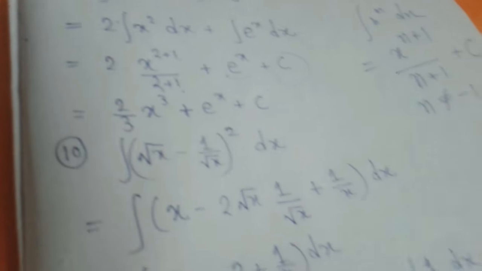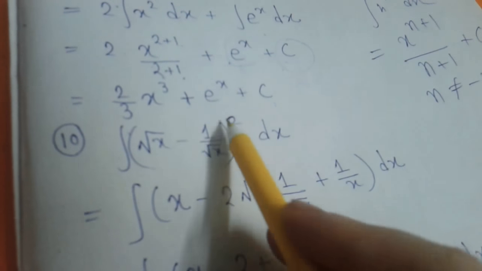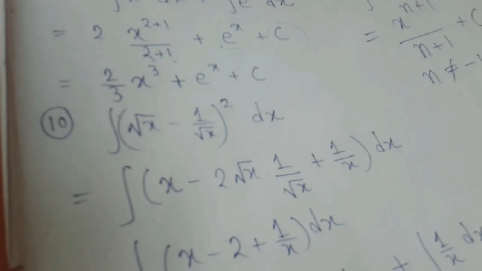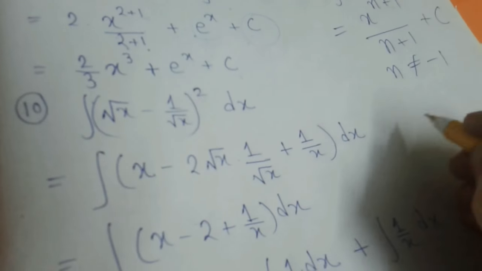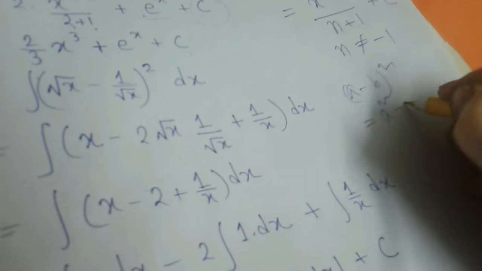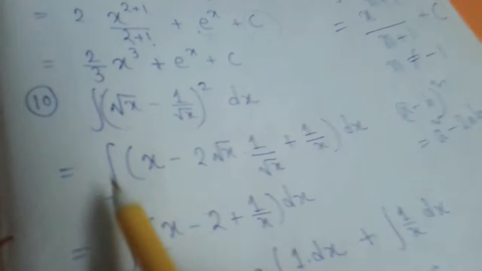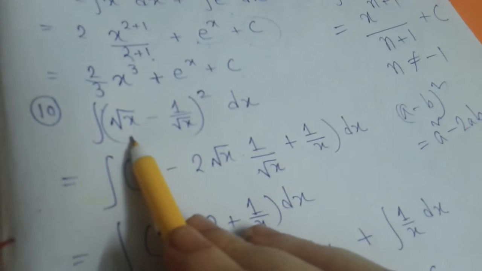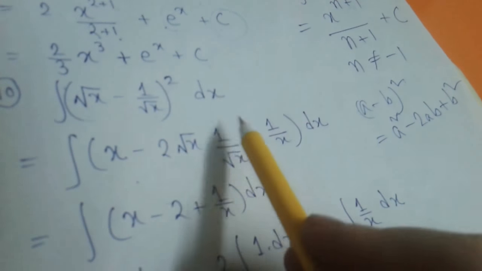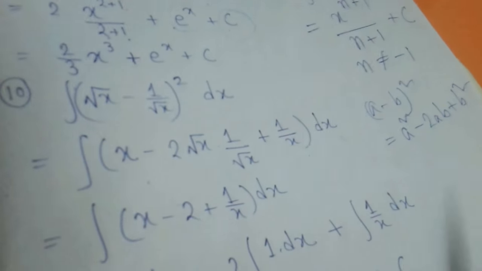Next, 10, integration of root x minus 1 by root x whole square into dx. First we use the formula a minus b whole square equals a square minus 2ab plus b square, and we expand it. That is equals to integration of root x square, x, minus 2ab, that is minus 2 into root x into 1 by root x, plus b square, that is plus 1 by x, into dx.